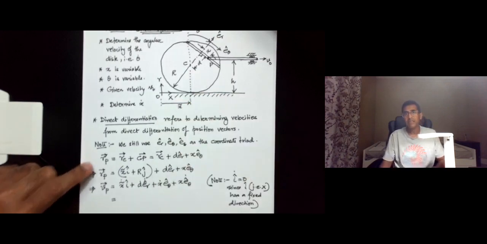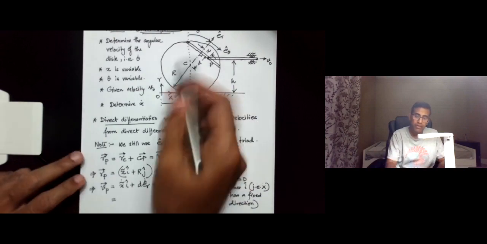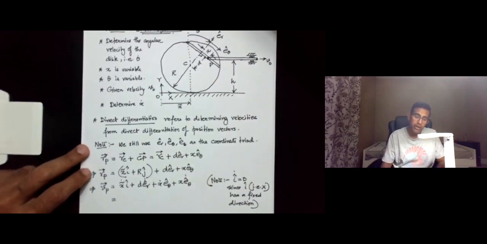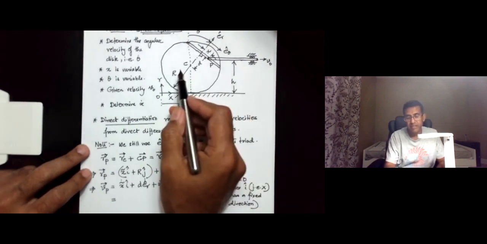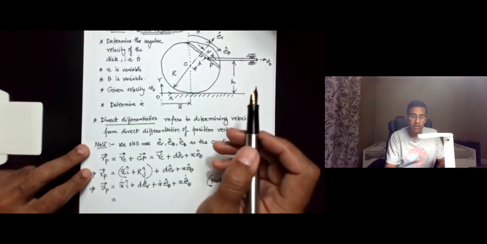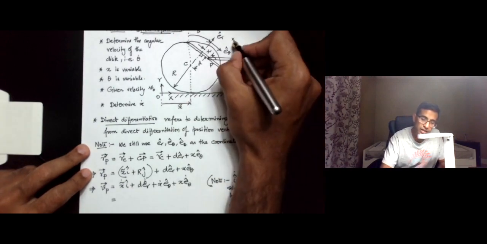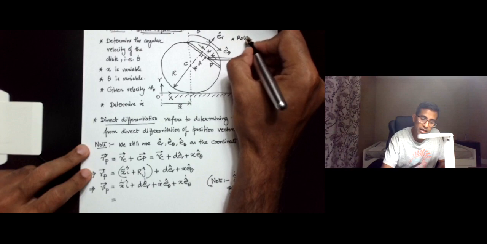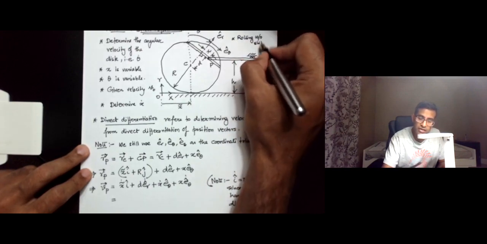Now we have already seen, if you go back to the earlier video on method 1, and it is quite obvious, because this is a disk that is rolling without slipping on a horizontal surface. So I should put that, rolling without slipping.